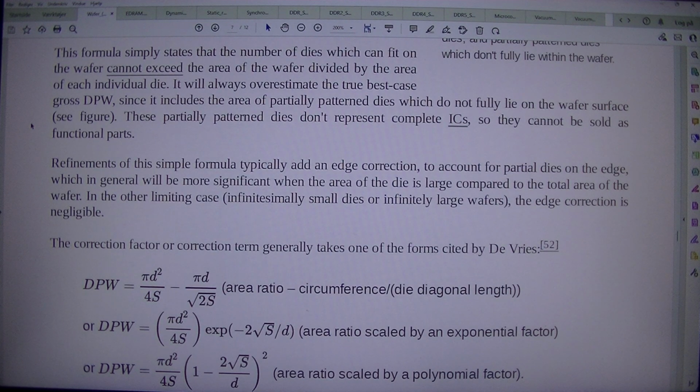Refinements of this simple formula typically add an edge correction to account for partial dies on the edge, which in general will be more significant when the area of the die is large compared to the total area of the wafer. In the other limiting case, infinitesimally small dies or infinitely large wafers, the edge correction is negligible.